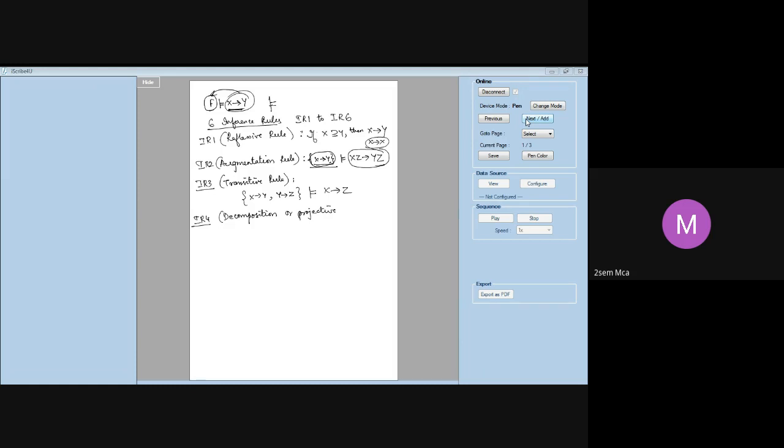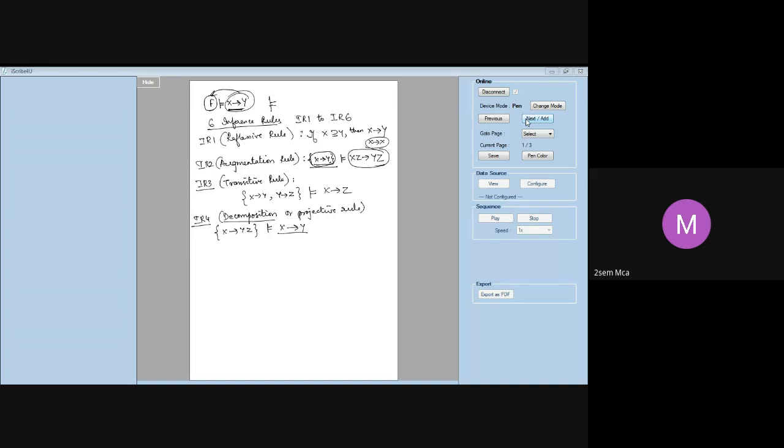This states that if X implies YZ, you can infer that X implies Y. Decomposition rule means we can remove attributes from the right-hand side of the dependency. In the right-hand side YZ, we have removed something. By applying this rule repeatedly, you can arrive at X implies Y.